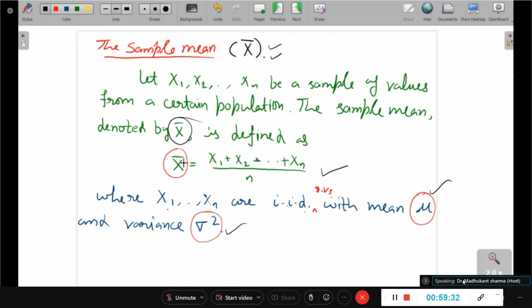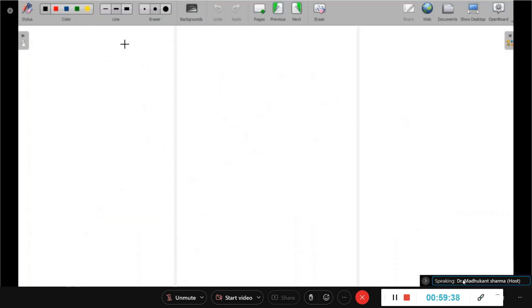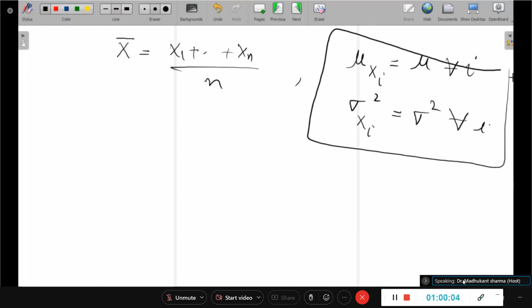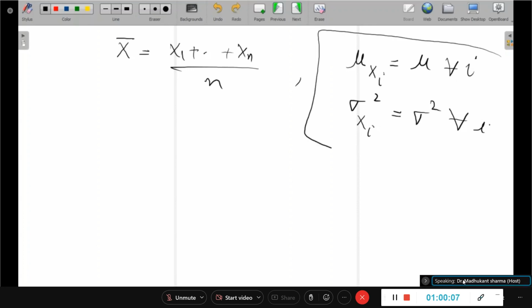It is a very simple task to identify the mean of this x bar. You have x bar equals x1 plus and so on plus xn, divided by n, where the expectation of xi is mu and the variance of xi is sigma square for all i, for each i equals 1 to n.